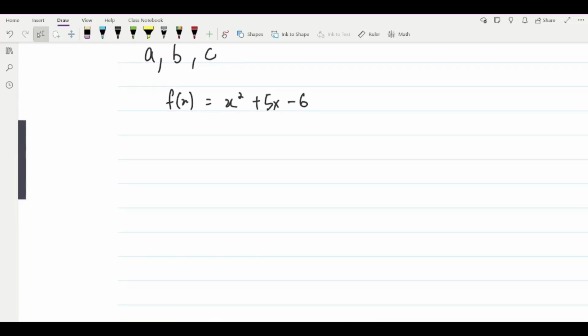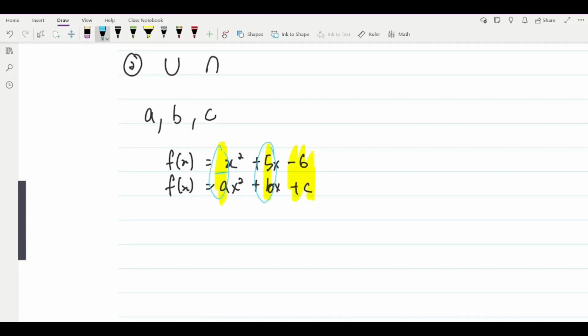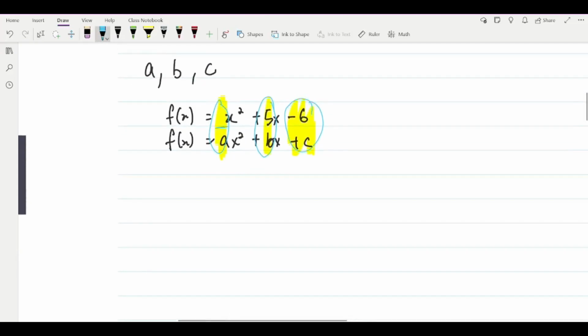Before we identify A, B, C, we write the quadratic equation like this, and we highlight, or you can circle, whatever you want.